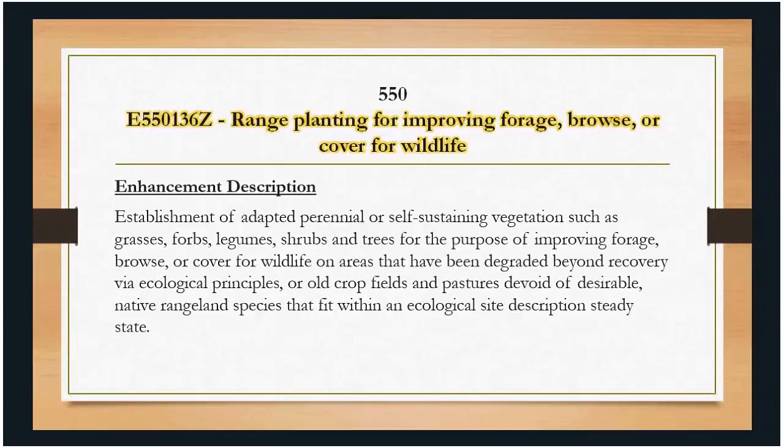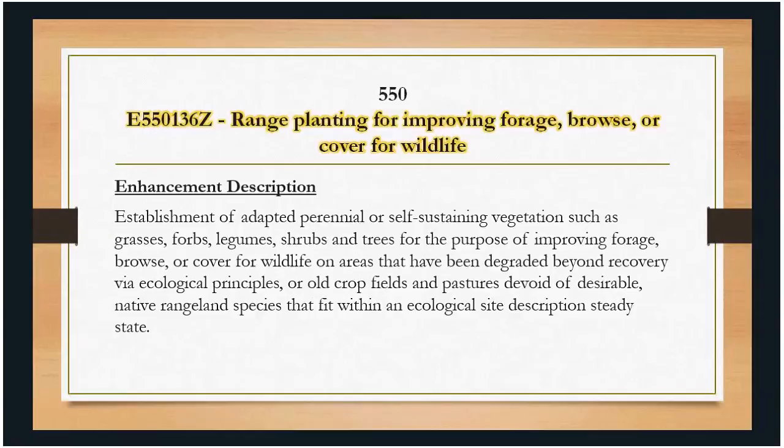The enhancement description, each one of them is different. Actually, the one that is for wildlife, oh, here I go mowing your grass again, Renee.